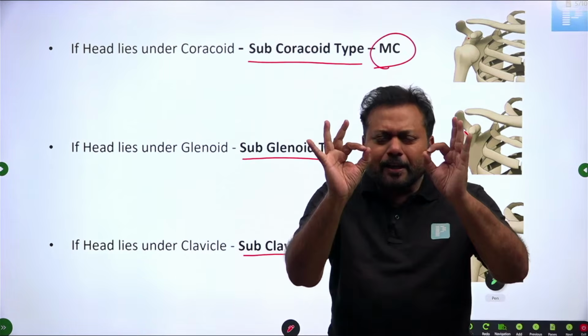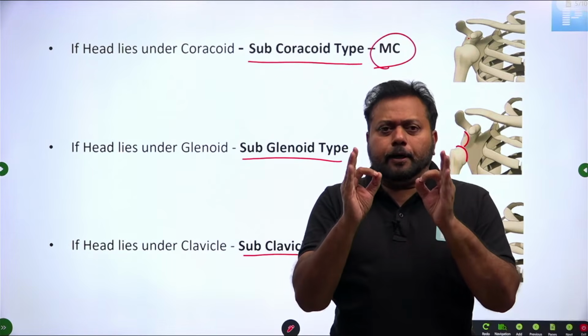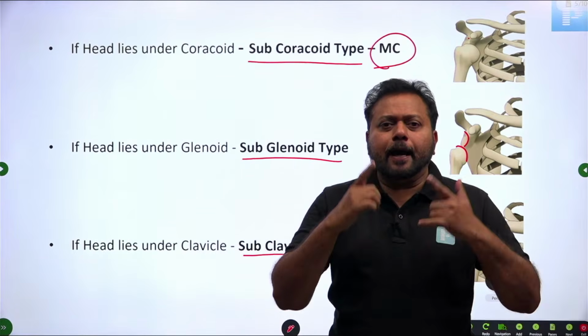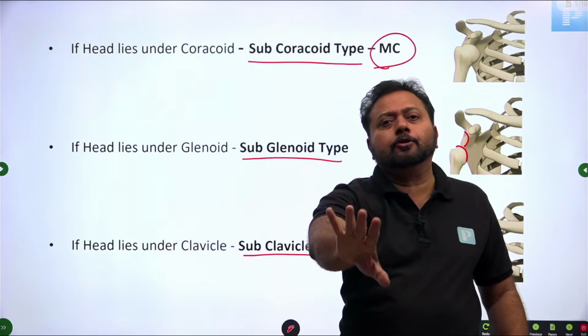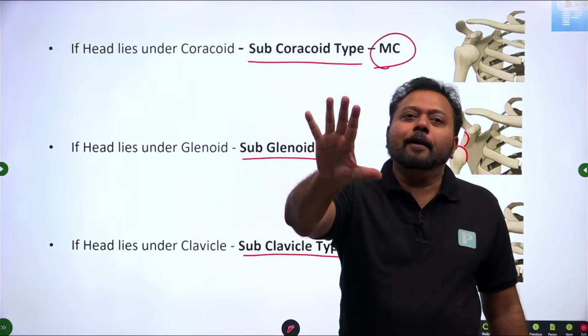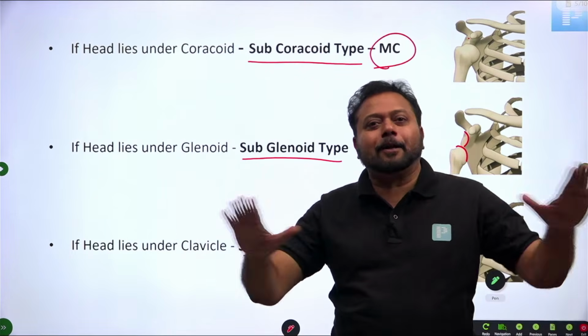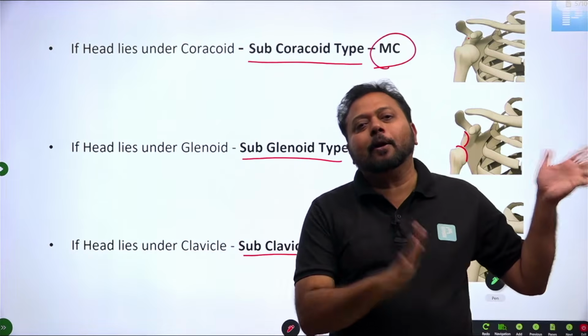So, crystal clear point. If they ask a question, most common type of shoulder dislocation, our guys and girls should answer subcoracoid type of anterior shoulder dislocation. Then everything is complete. The least common type without controversy, luxatio erecta.